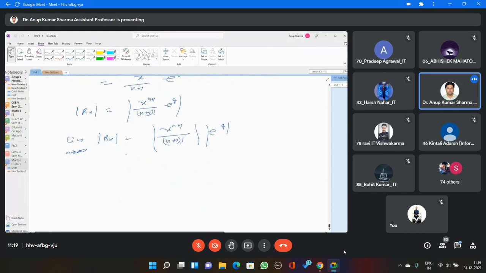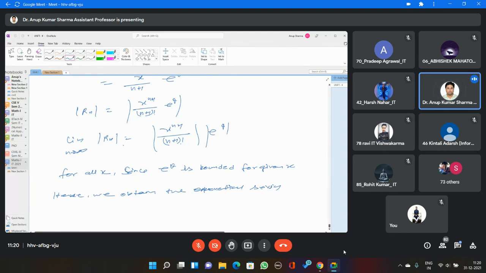So for all x, since e to the power theta is bounded for given x, hence we obtain the exponential series.